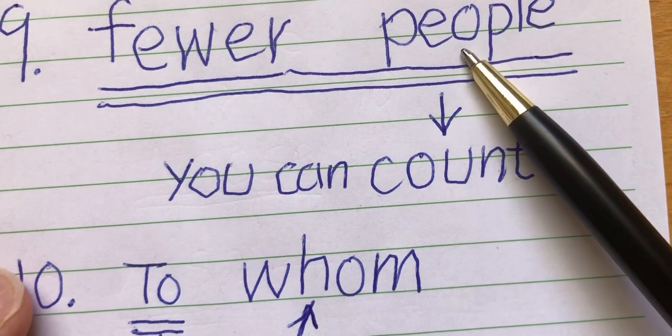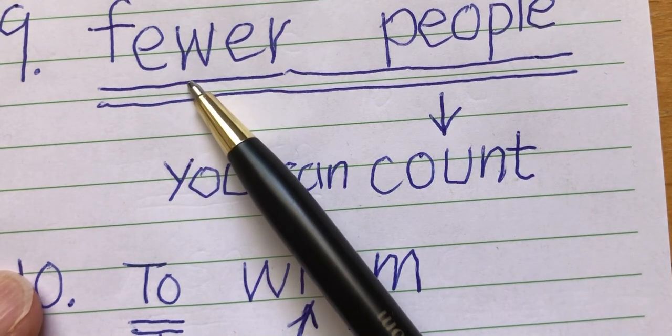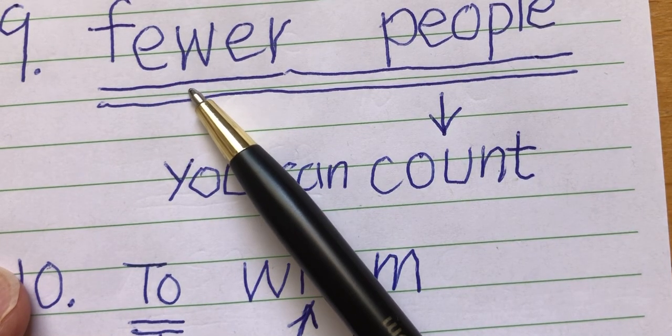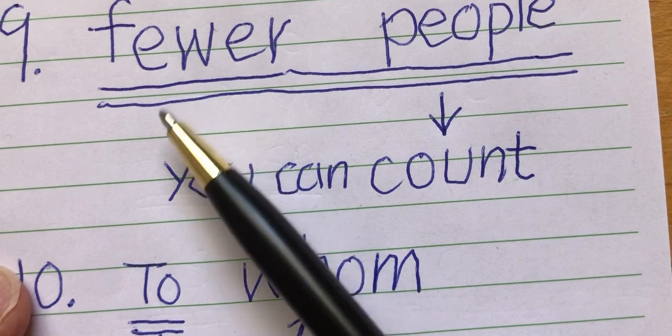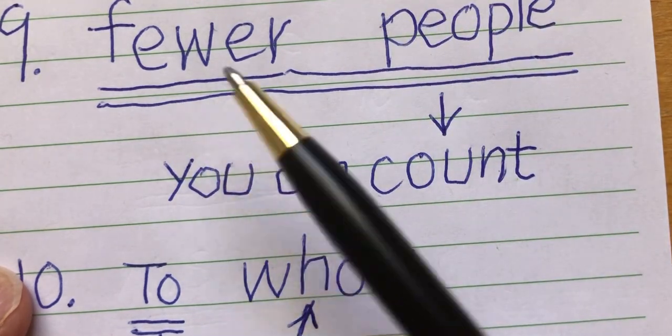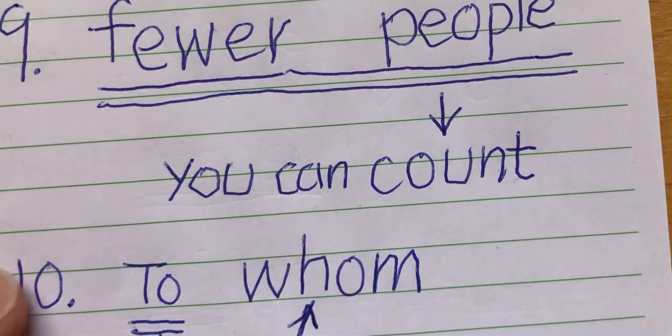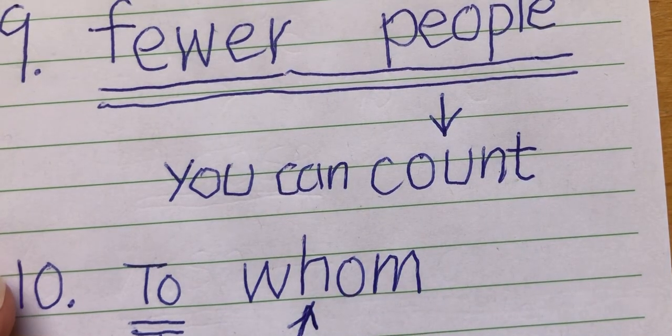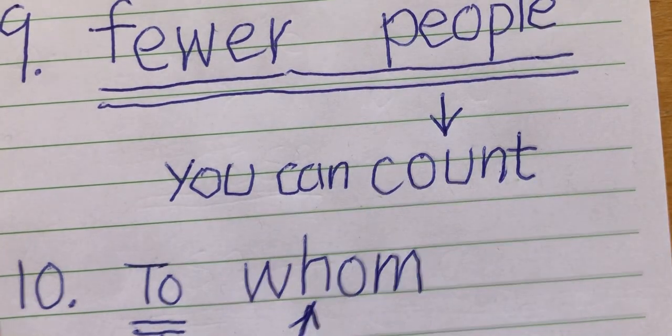If you can count the number, you use fewer, not less. In other words, if you cannot count something after this word, you use less. Okay? That's the difference.